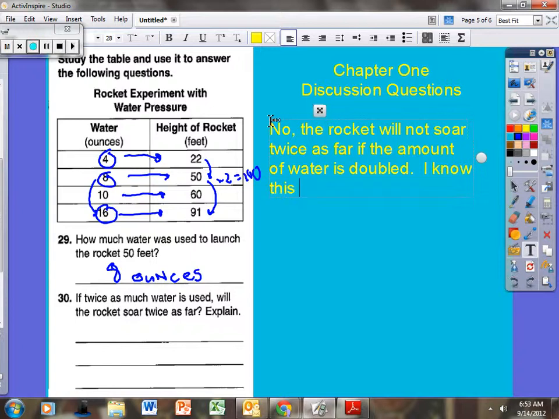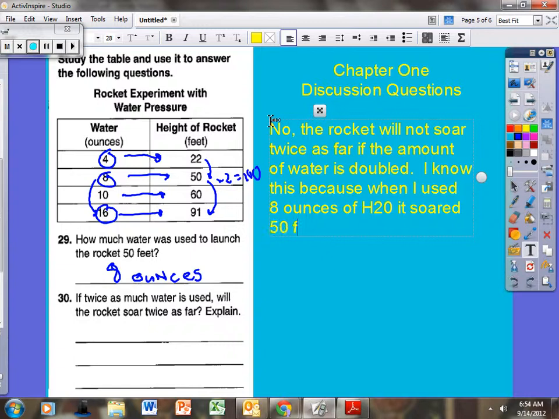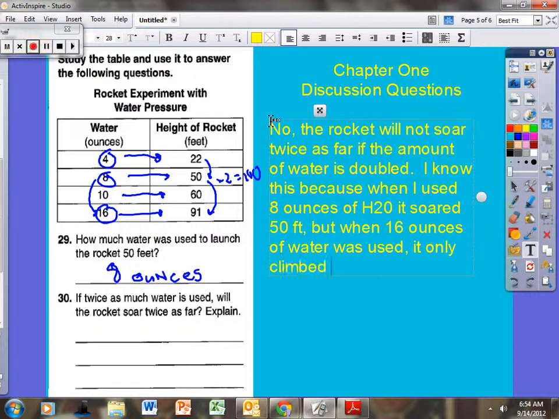I know this because when I used 8 ounces of H2O, it soared or climbed 50 feet. But when 16 ounces of water was used, it only climbed 91 feet.